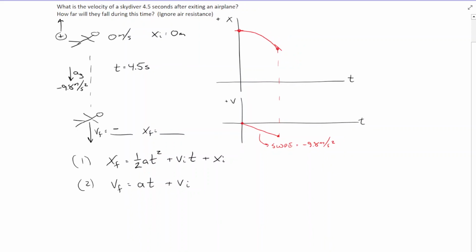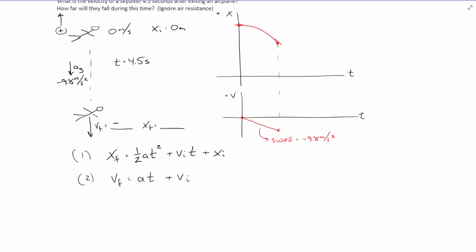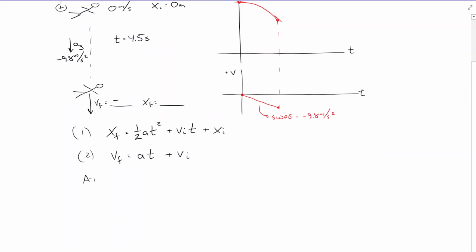Now, I kind of have a table within my drawing. I have all my variables listed, so this might be good enough. But I like setting up what I call an ATVX table. It's just a way to organize the variables we have. You have an acceleration, and it is downward at 9.8 meters per second squared. That's gravity. You have a time. They give you that as 4.5 seconds.